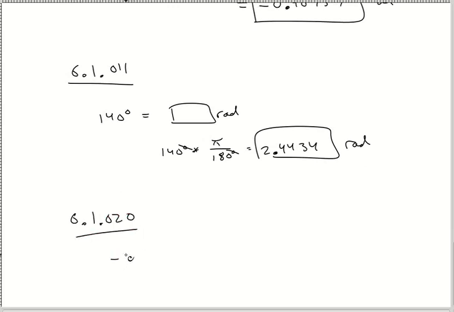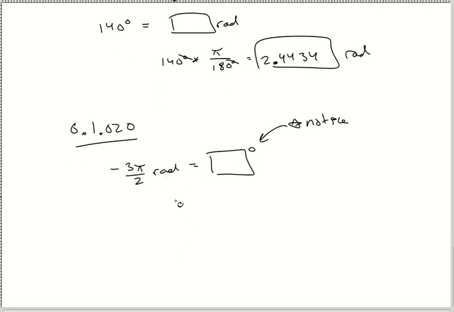61020. So I've got negative 3 pi over 2 radians is equal to blank degrees. I want you to notice that degree symbol there. That's important. Will they always put a rad there? I can't remember. I know on the next problem they won't. But watch out: if they're wanting degrees in the end, they're not going to say degrees, they're just going to have a little degree symbol.